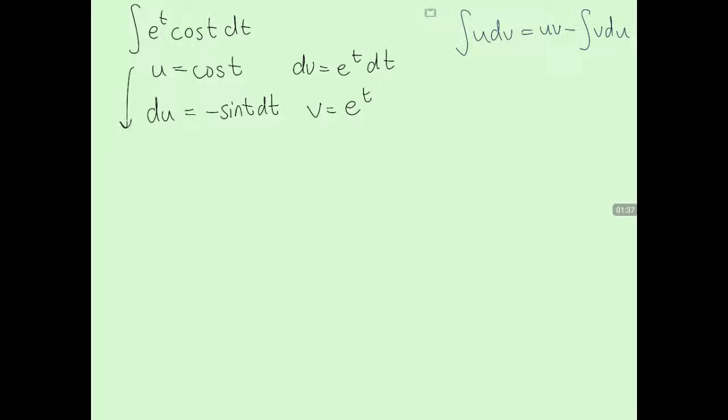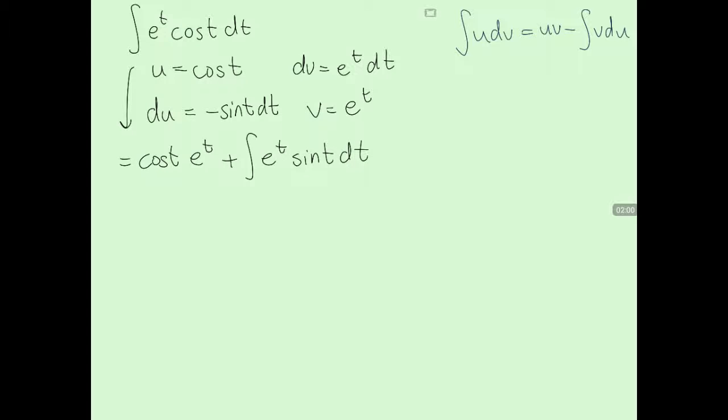If we write this out, what we get is cosine of t e to the t, minus the negative sine t e to the t inside the integral. So it's going to be plus the integral of e to the t sine t dt.